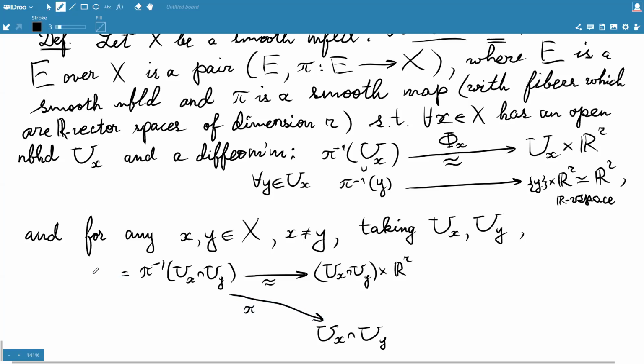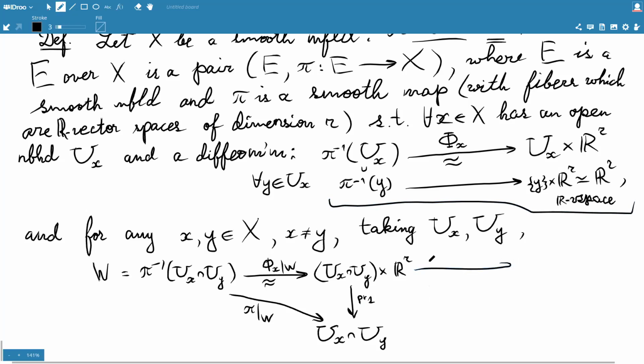Let me denote this by W. And so this is phi x restricted onto W. Here you have the projection onto the first factor. And of course, this diagram is commutative by definition, since we have this before. Draw the picture, look at this picture.